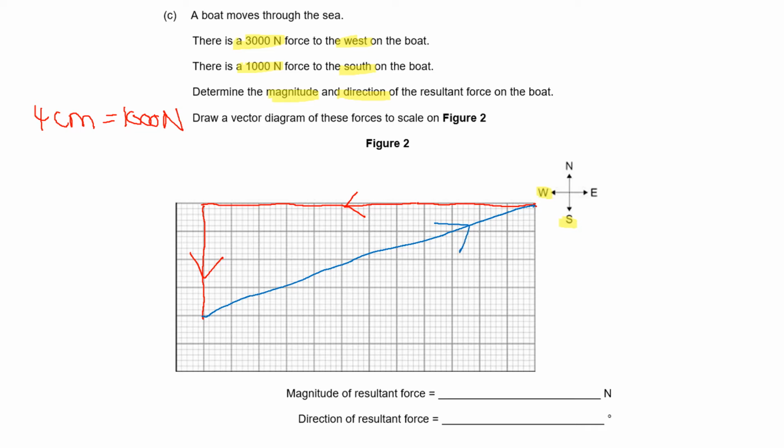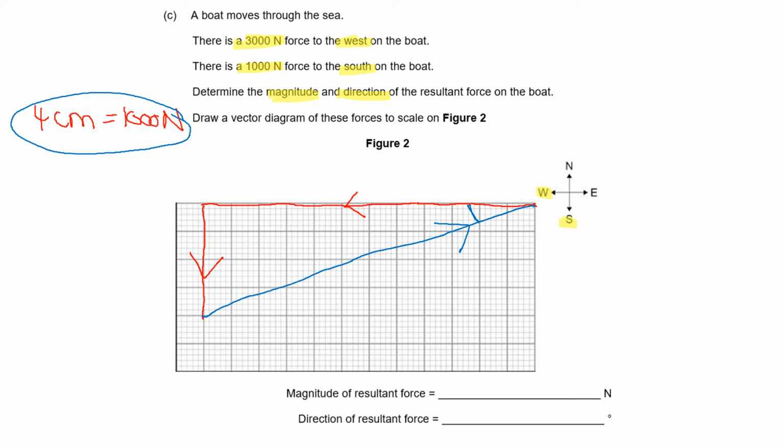So the length of this line is going to represent the magnitude and the angle will be the direction. It'll be this angle here. Okay, so if I measure along here, I'll end up with a length in centimetres, which I then need to convert using this here. So if I were to measure 4 centimetres along, I would know it was 1,000 newtons.